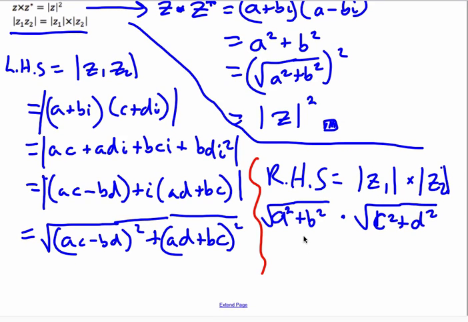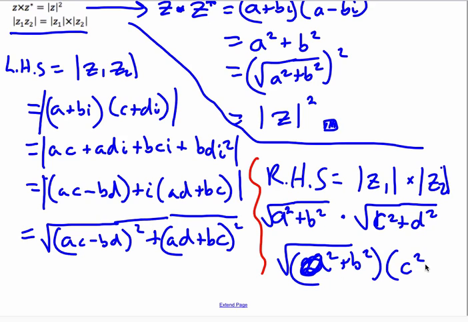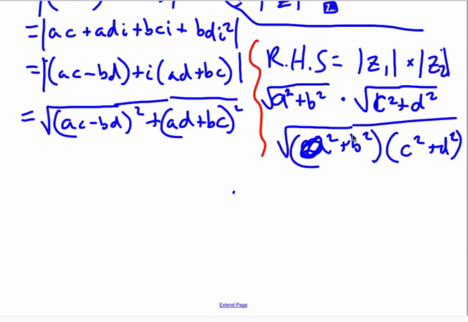If you multiply those together, we're going to get root of a squared plus b squared times c squared plus d squared. All right, now it's starting to look closer, but not quite the same yet.